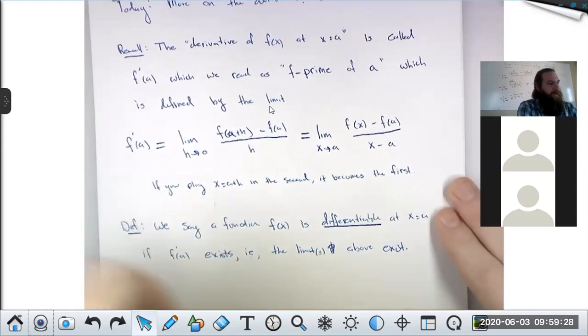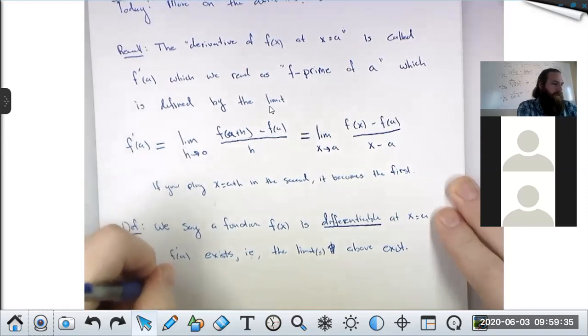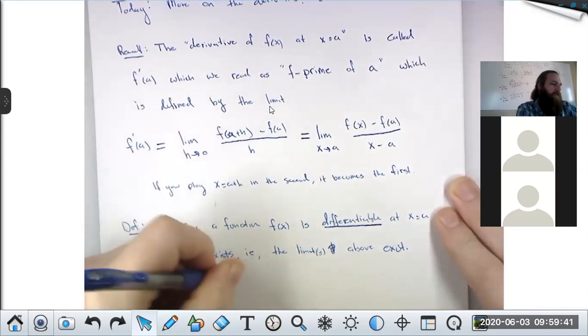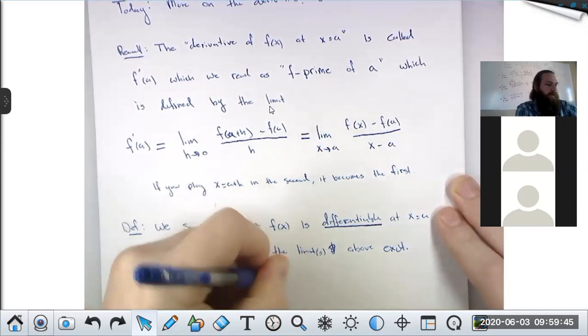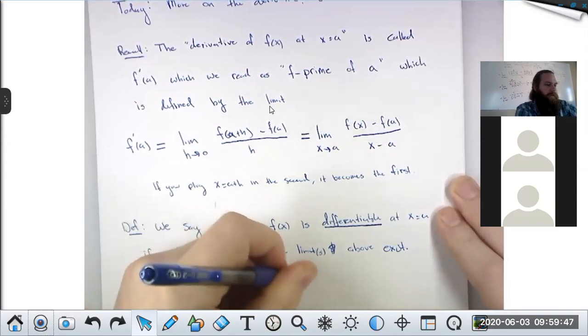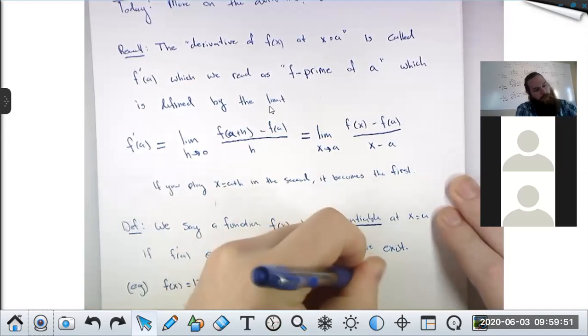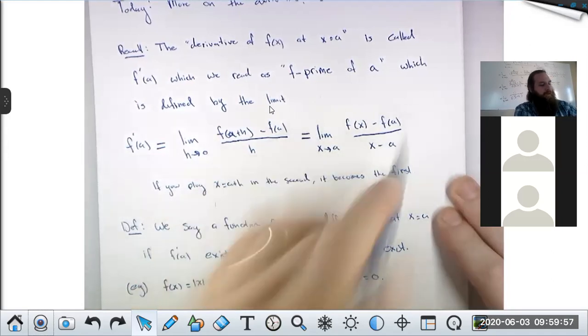An example here. f of x equals the absolute value of x is not differentiable at x equals 0. And I'll use this limit definition here.